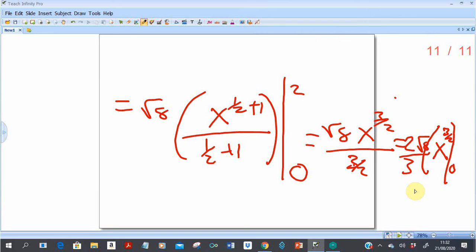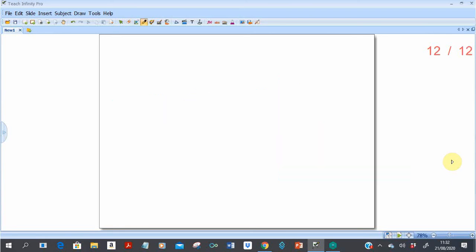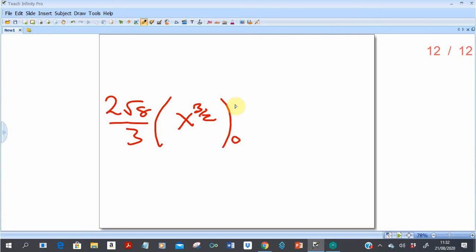Let me just write everything nicely down here. So that will give us 2 root of 8 over 3, x to the power 3 over 2, from 0 to 2. We keep these which are not changing.